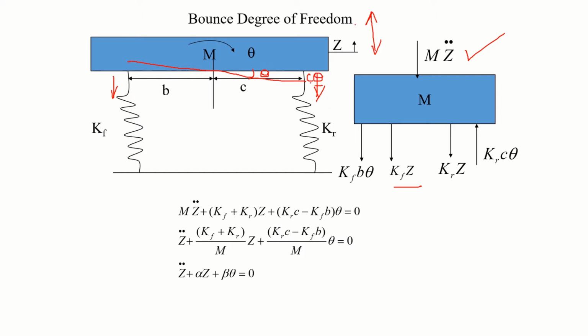So it gets compressed, so it will try to act in this direction. This is B theta. So B theta, it gets stretched, it will try to act in the downward direction. So Kf B theta, and this one is Kr C theta. So we have got the equations.